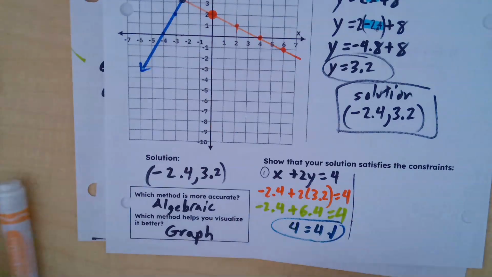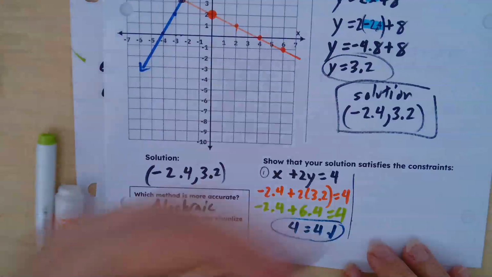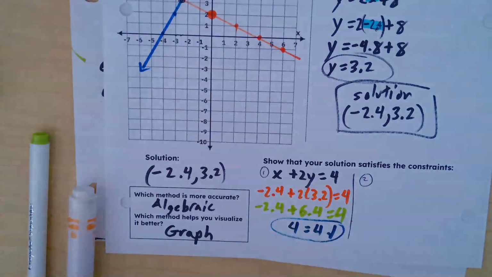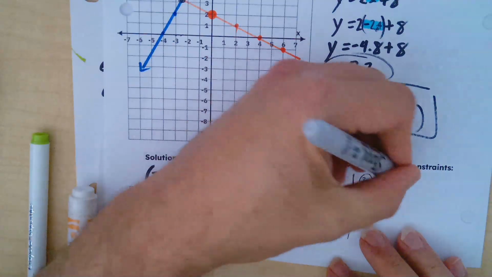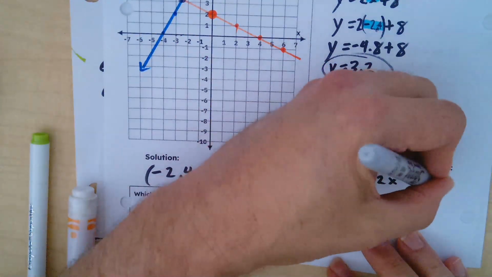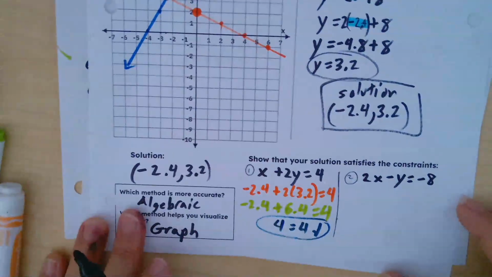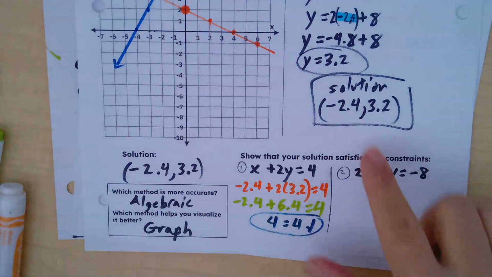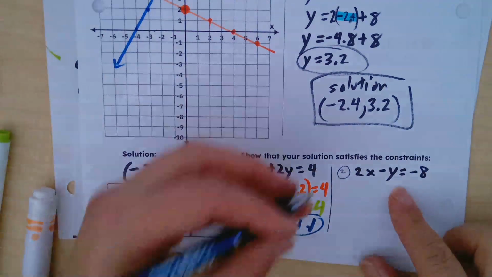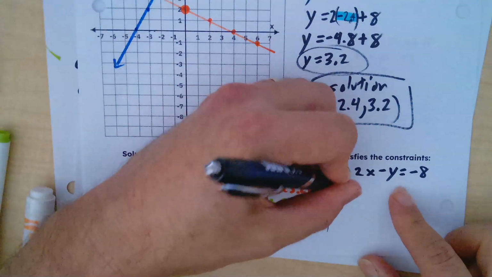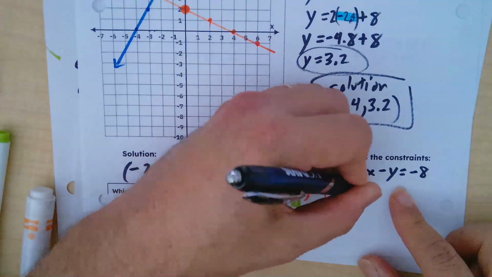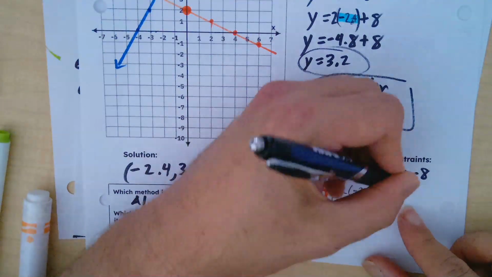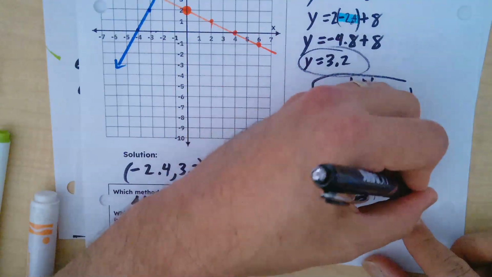And let's try the next one. We've got the other equation, which is 2x minus y equals -8. And so I'm going to replace x with -2.4 and y with 3.2, so I end up with 2 times -2.4 minus 3.2, and that should be equal to -8.